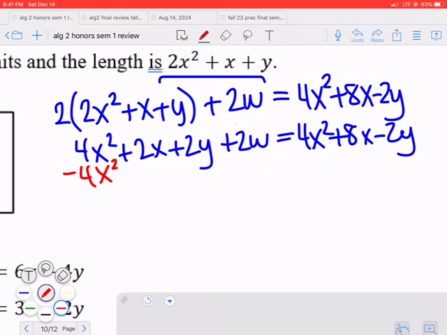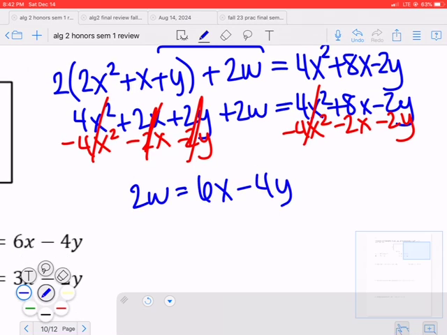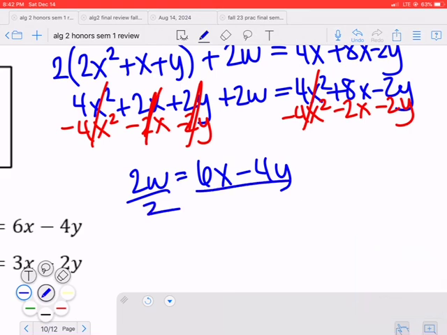So I'm going to minus 4x squared, and it cancels. That's nice. I'm going to minus 2x, that cancels. I'm going to minus 2y, minus 2y. So now we have 2w is equal to 6x minus 4y, and divide by 2. So w is 3x minus 2y.